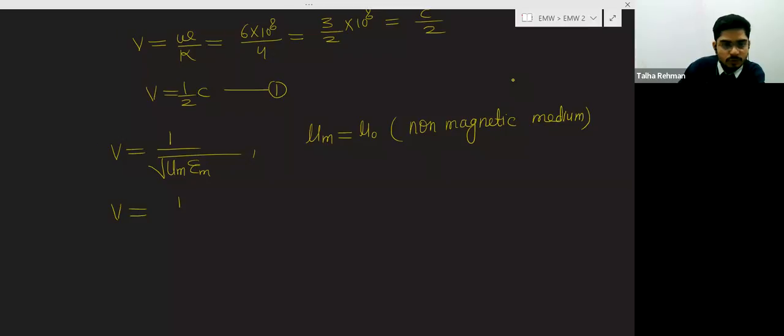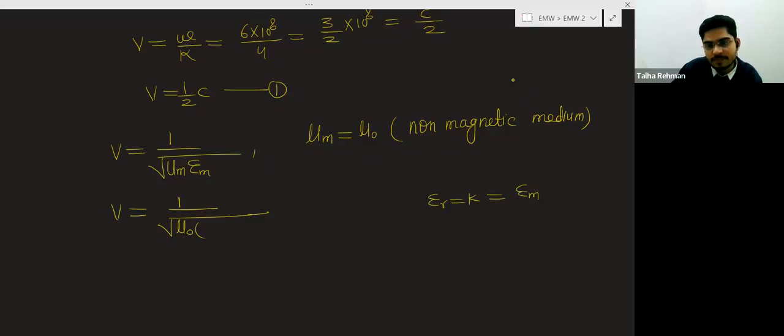V is equal to 1 upon square root of mu m epsilon m. Mu m can be written as mu naught, and epsilon m can be written as follows. We know that epsilon r or dielectric constant k is equal to epsilon m divided by epsilon naught. So epsilon m is equal to k into epsilon naught.